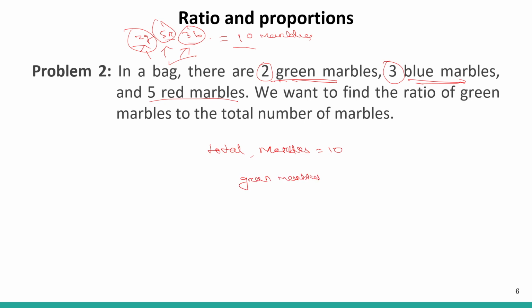Green marbles are how many? 2, and total marbles is 10. So 2 is to 10, or in simple ratio we get 1 is to 5. 1 is to 5 is the answer.